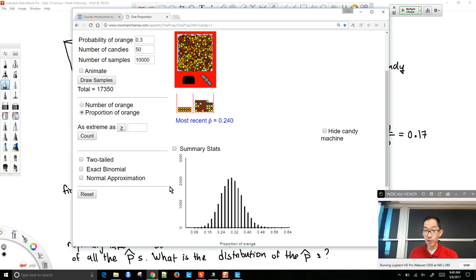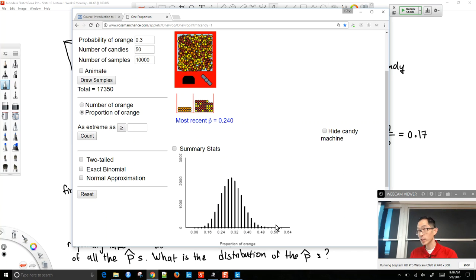It looks kind of normal, right? Like I can put a normal curve over it, and we see that this distribution looks a lot like the normal distribution. Okay, this is the sampling distribution of all the different p hats that I've observed.